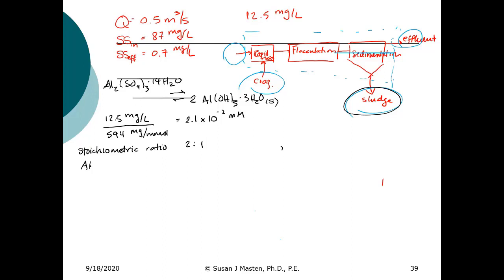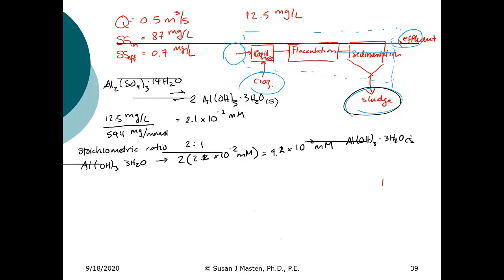So in terms of aluminum hydroxide, we produce 4.2 times 10 to the minus 2 millimolar. This is the amount of aluminum hydroxide precipitate that we would produce, so that's the amount of solid.